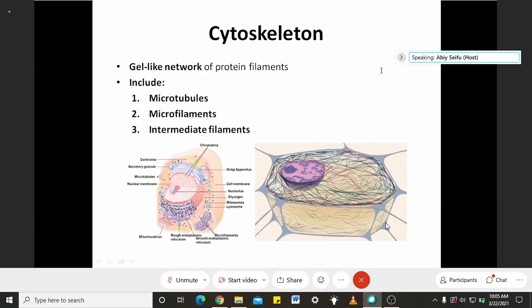For mitochondria as well, many of the proteins making part of the mitochondria, the enzymes found in the mitochondria, the membranes of mitochondria, are not produced by mitochondrial DNA. I told you, the mitochondrial DNA produces only a limited amount of proteins for the mitochondria. Otherwise, many of the proteins are to be produced from outside.